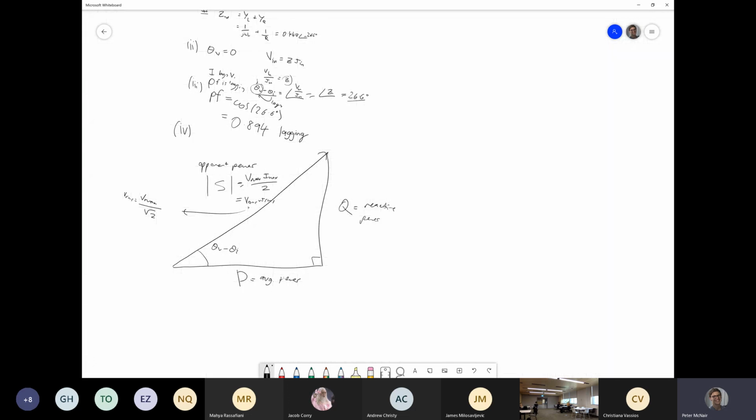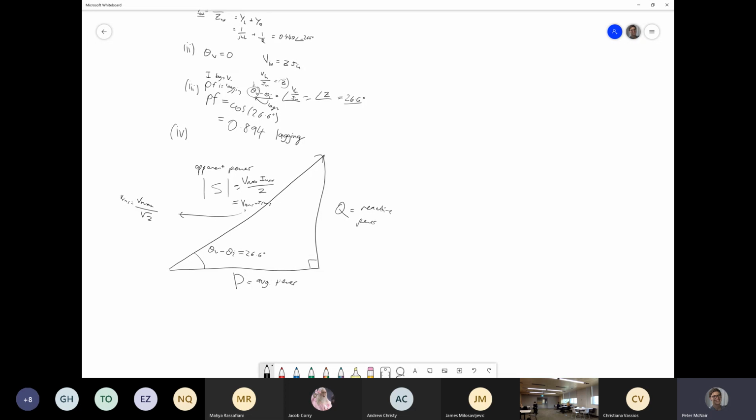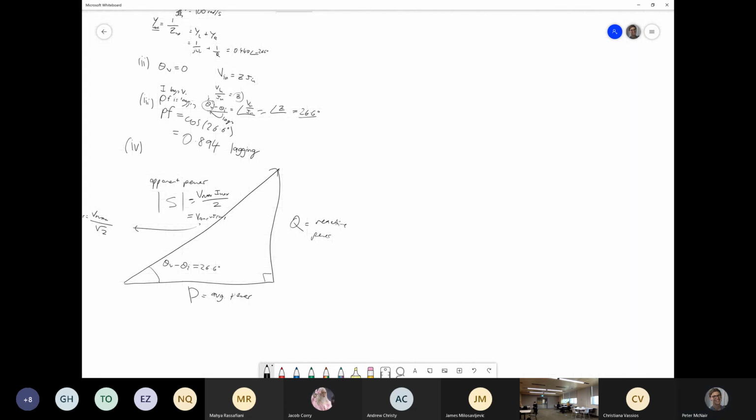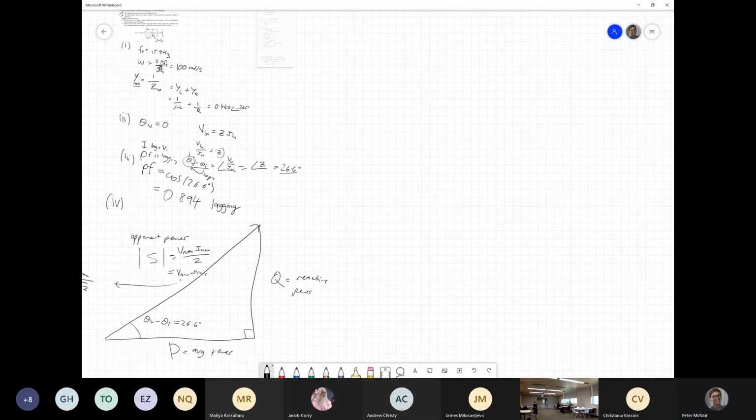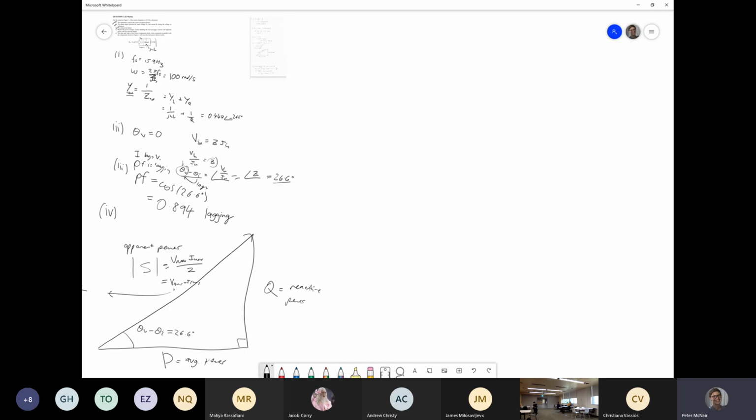We found that this theta is 26.6 degrees. We haven't found Q or P yet, so we probably do need to find the current. We were a bit tricky in this question and just found the angle without actually finding the current.